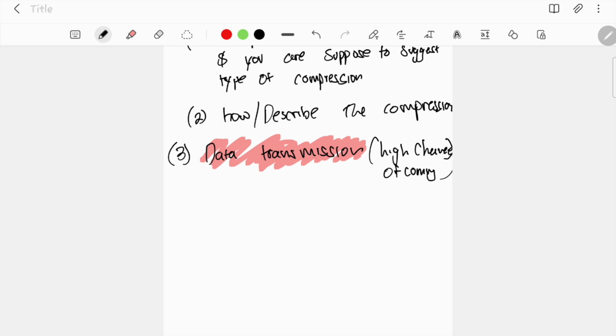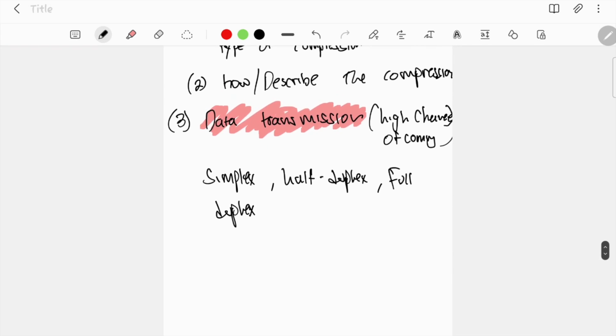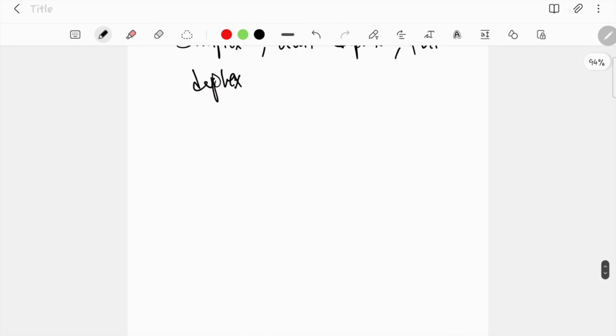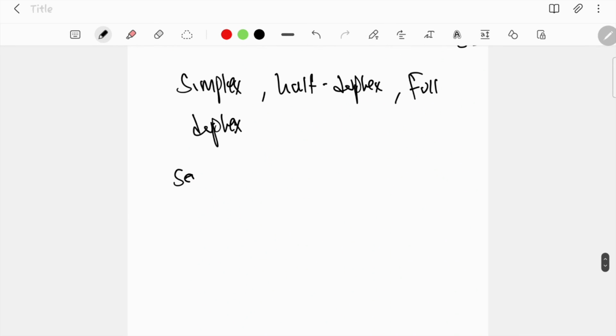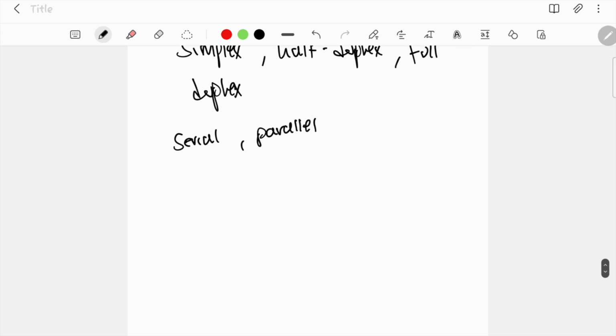I know they have appeared. So here you want to know about simplex, duplex, you need to know about serial, parallel, also yeah, stuff like that.